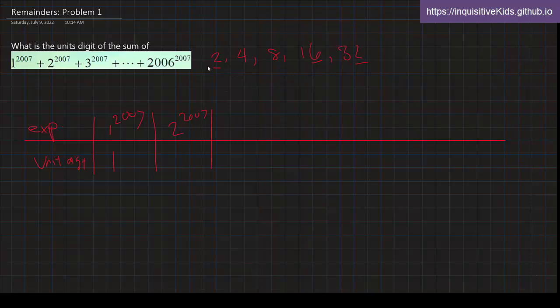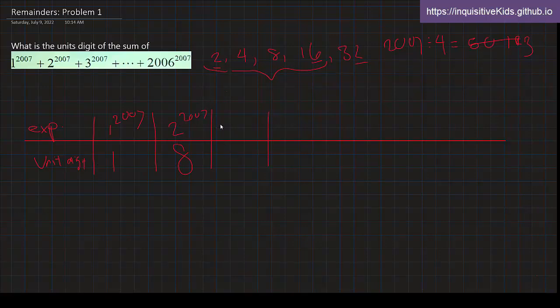So it has 4 rotating digits. If we divide 2007 by 4, we get 501 with a remainder of 3. So we don't even need to look at the 501, we just have to look at the 3. We count to the third term in every rotation, 1, 2, 3, and that's going to be 8. So the units digit of 2 to the 2007th power is 8.